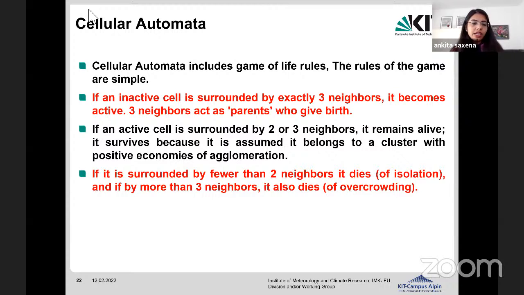For each individual cell, it looks around the neighborhood, which could be 3x3 cells, or maybe 4x4 or 5x5. It depends on which neighborhood is more appropriate in giving an idea about the phenomenon you are targeting.